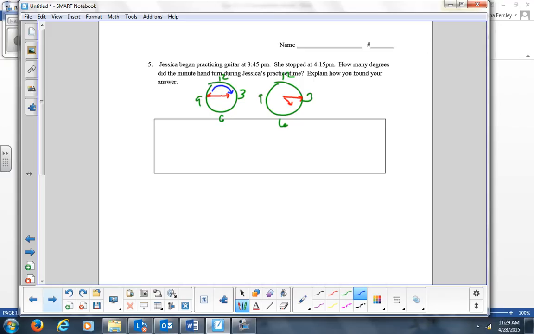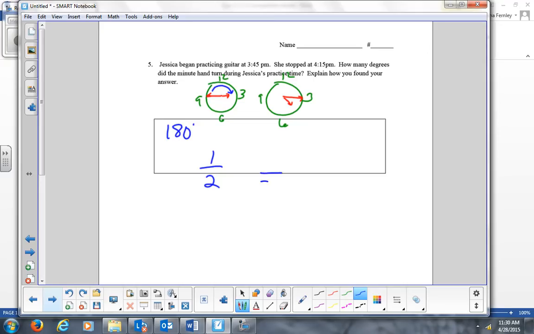Started off at the 9, ended at the 3. Robert. 180 degrees. Okay, why? Because it did a straight angle. Okay, so it did a straight angle visually, but it also turned how many times? 2 quarters, right? Or a half turn.